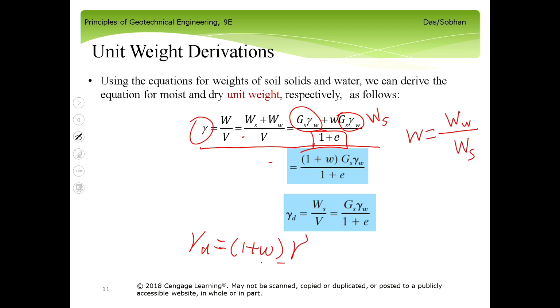That is this, right? So gamma equals this. If you divide by 1 plus water content, that is, divide by this part, you get the dry unit weight. That is, dry unit weight equals this, right? Or you can directly derive it from here, from this.